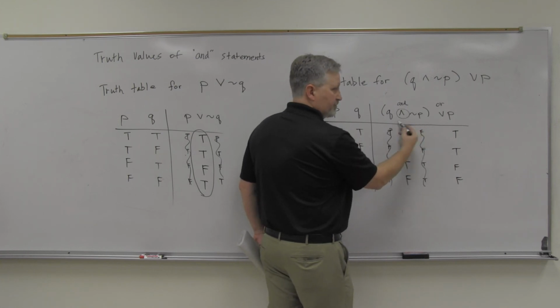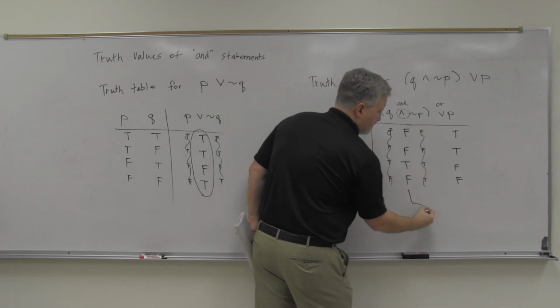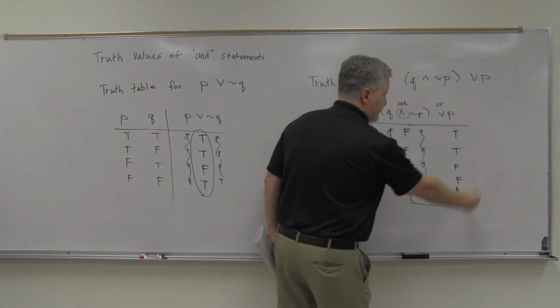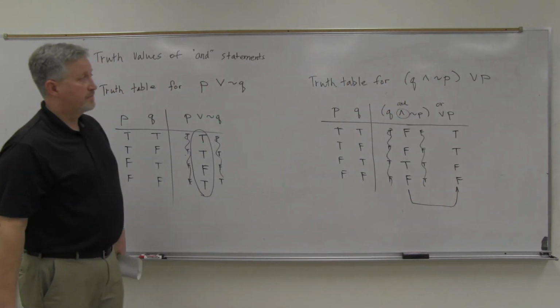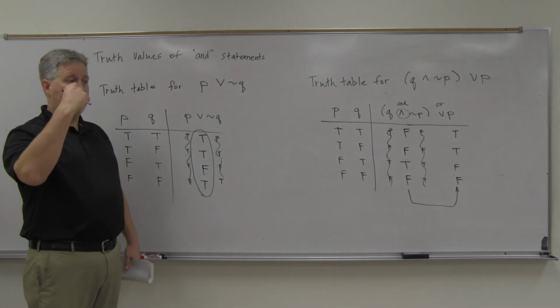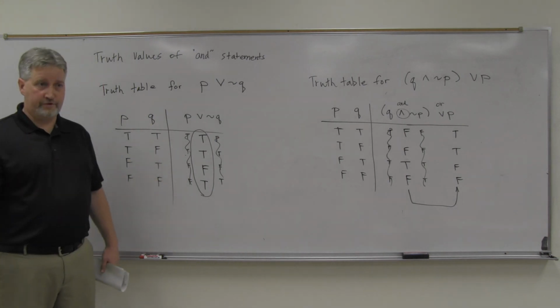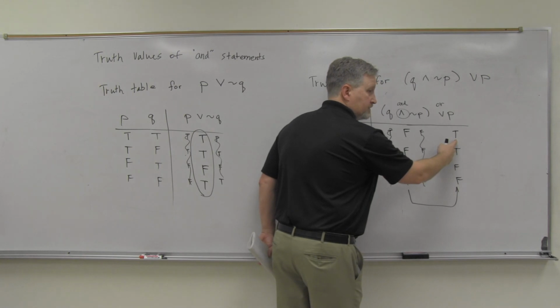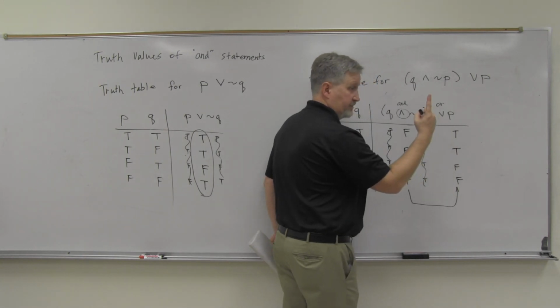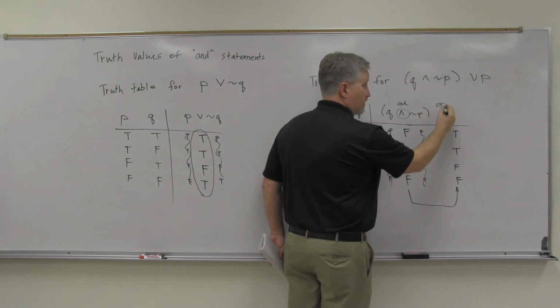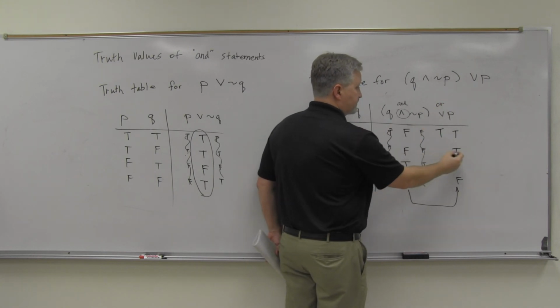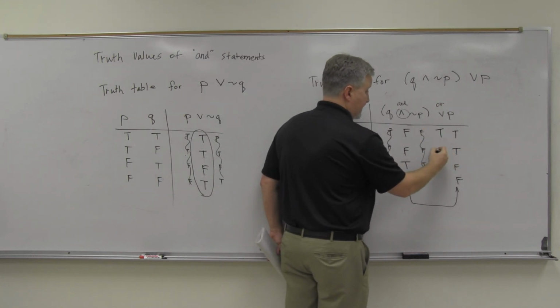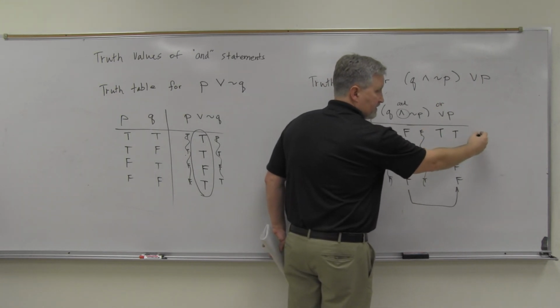I'm going to OR that with the P over here. As long as one of them's true, OR is true, that's the way OR works. So you've got false or true. One of them's true, so OR is true. False or true, that is true. And I put it here, you can put it out here, equals if you want to.